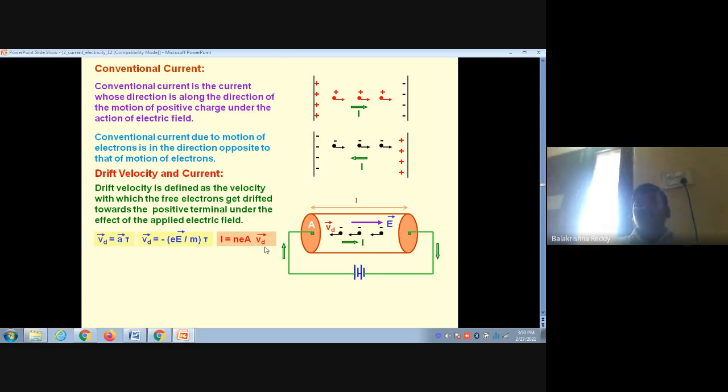In the denominator we have only time. If time is written in terms of velocity and area of cross section, how can you write? I can write only one way: time equal to displacement or length by velocity. Therefore I have written I equal to n e A Vd.